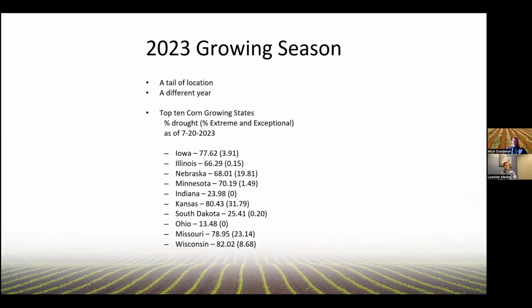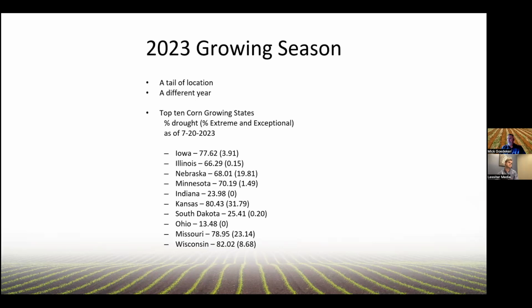Illinois has 66% of the state showing some form of drought, only 0.15 in the extreme or exceptional category. Nebraska, 68% of the state is experiencing drought, where 19.8% is in that extreme and exceptional category. Minnesota, 70% of the state has some form of drought, with roughly 1.5% that has that extreme to exceptional drought.